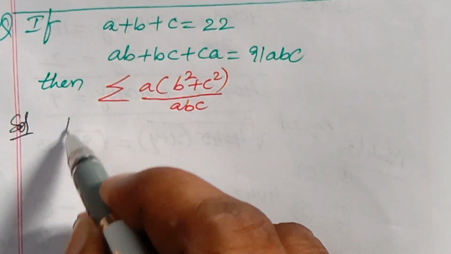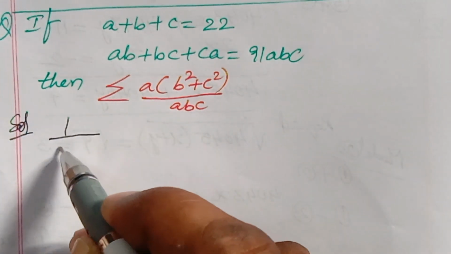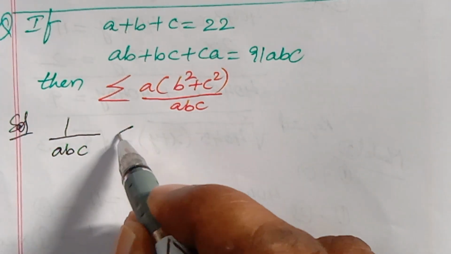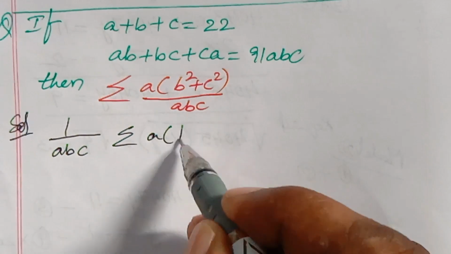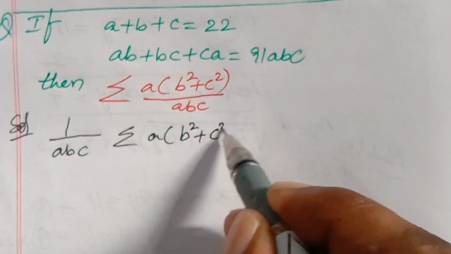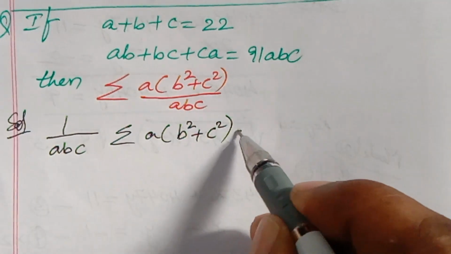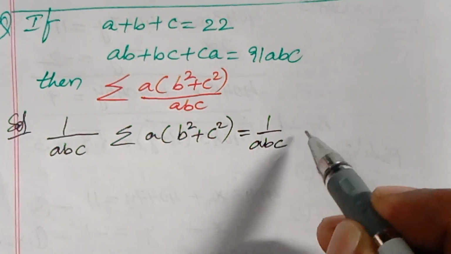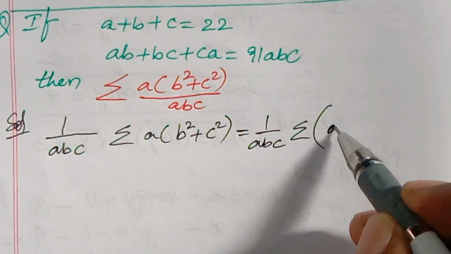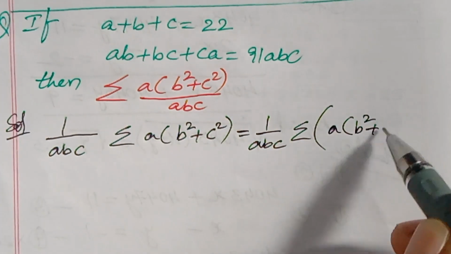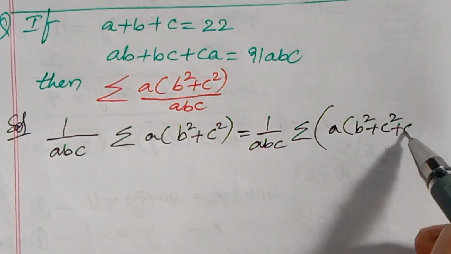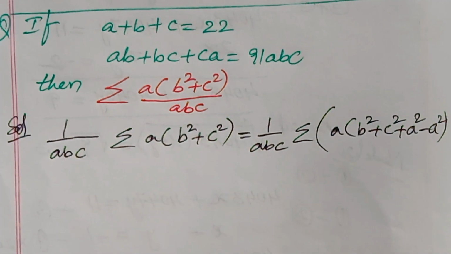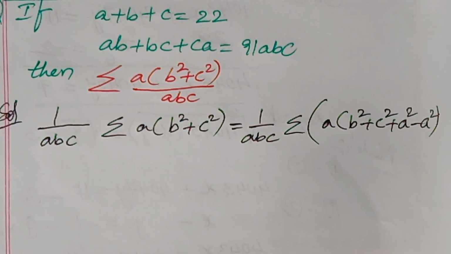So first of all, what you have to find can be written as 1 by abc sigma a into (b square plus c square). This can be written as 1 by abc sigma a into (b square plus c square plus a square), adding a square and subtracting a square.